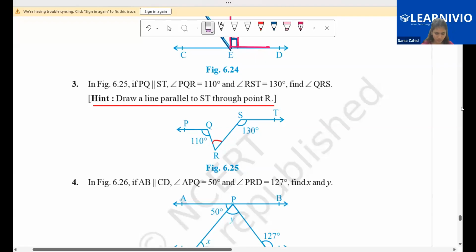Ma'am, I got 70 degrees. Okay, so if you solved, type your answer in the chat box. When everybody has solved, then I'll discuss.